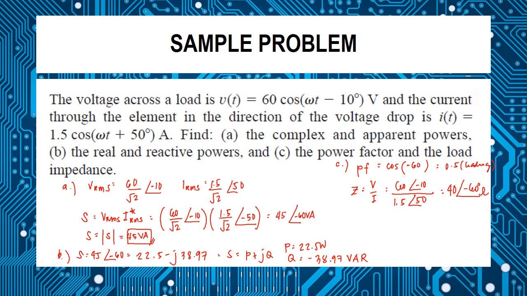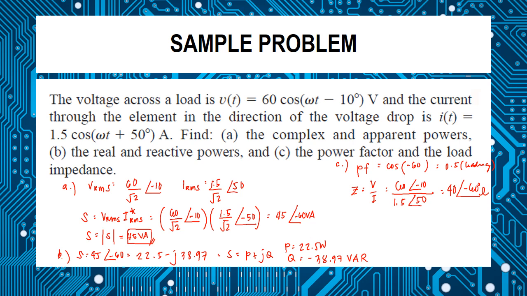And then lastly, the power factor and the load impedance. The power factor is equal to cosine of the negative 60 angle, which equals 0.5 positive, so this means leading power factor.